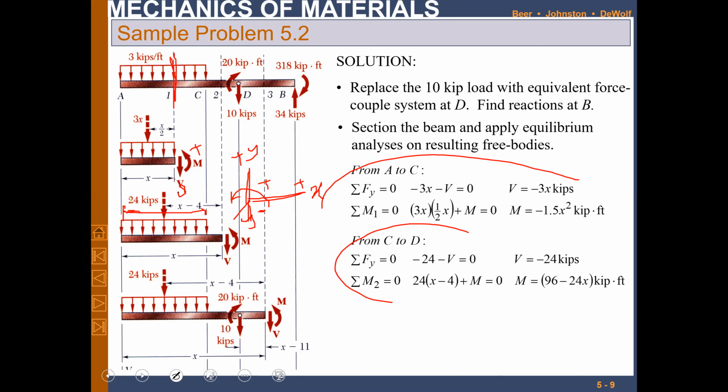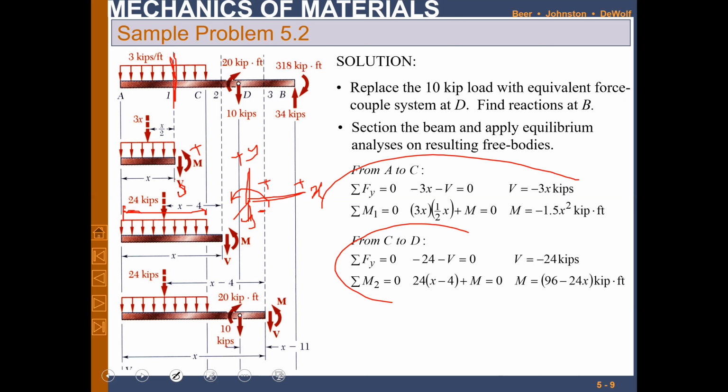So for calculating M2, 24 into x minus 4, that will be the load. Since there is no other load over here, you will have only the moment over there. 24 into x minus 4 plus M equals 0. So you will simplify it as 96 minus 24x kip-feet, right?